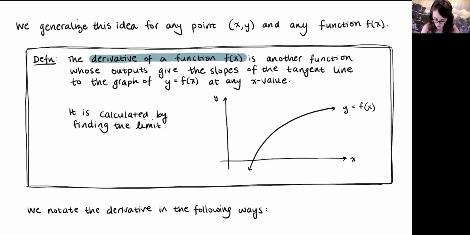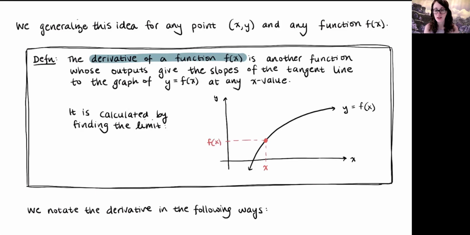So let's just say maybe we're looking right here. This is where we want to find the tangent line. We want to generalize this to not be 3 comma 9, but to be any x coordinate, xy coordinate. So let's call this x. Then the y value there is going to be f of x. It's whatever it is when you plug in that x value into the function, which could be anything.